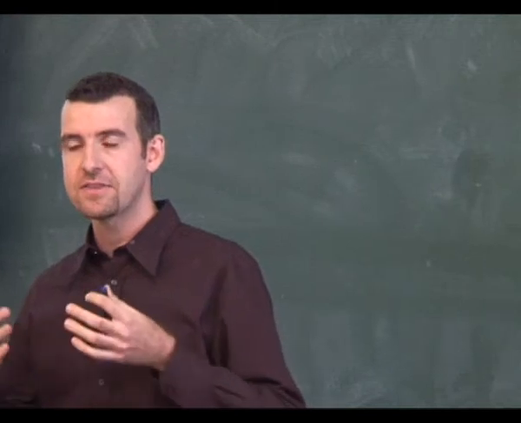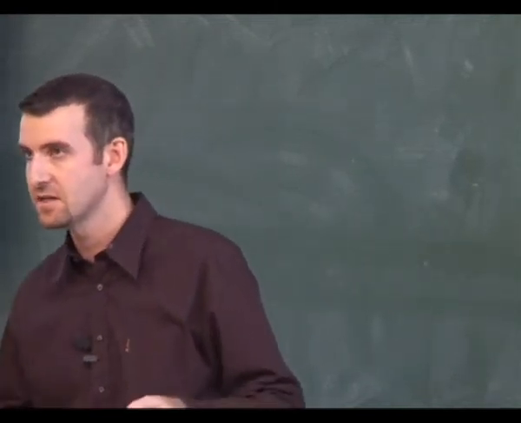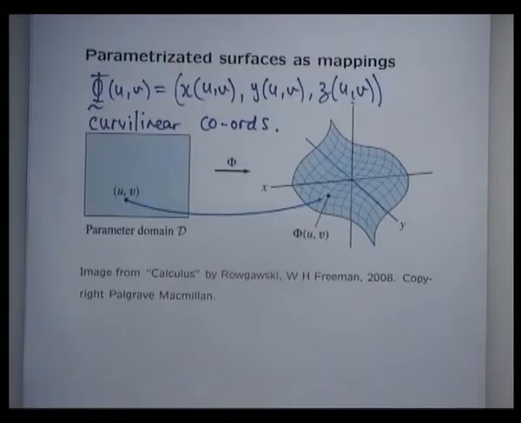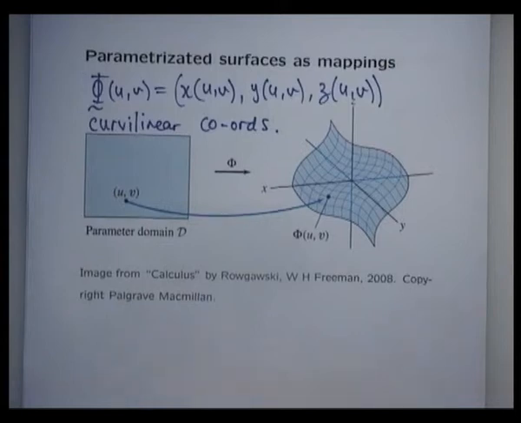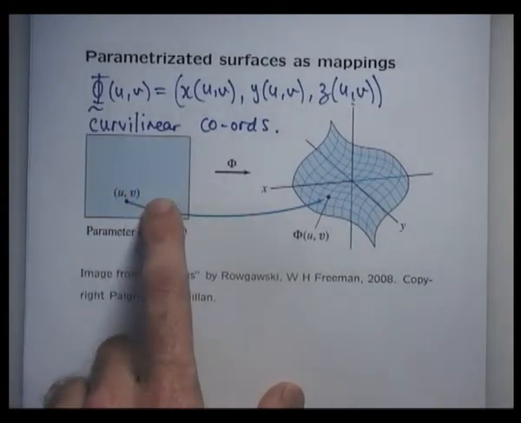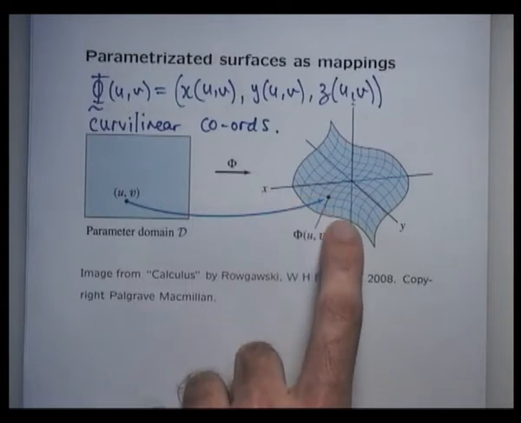So the coordinate systems that you've already looked at are special cases of this curvilinear coordinate setting. Geometrically, you can think you've got some two-dimensional domain that gets mapped to a surface that sits in R3.